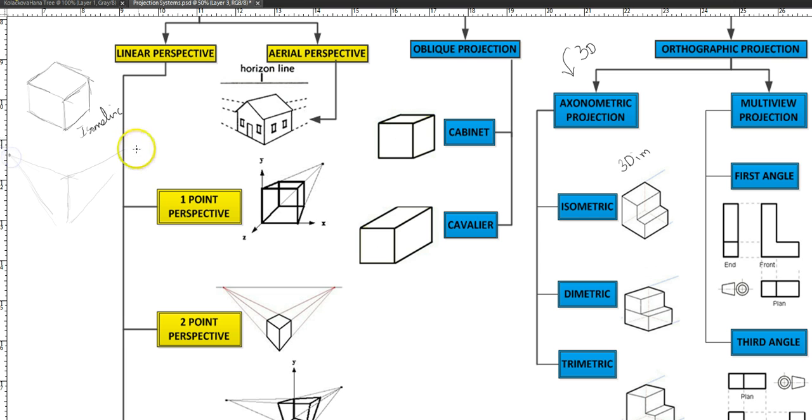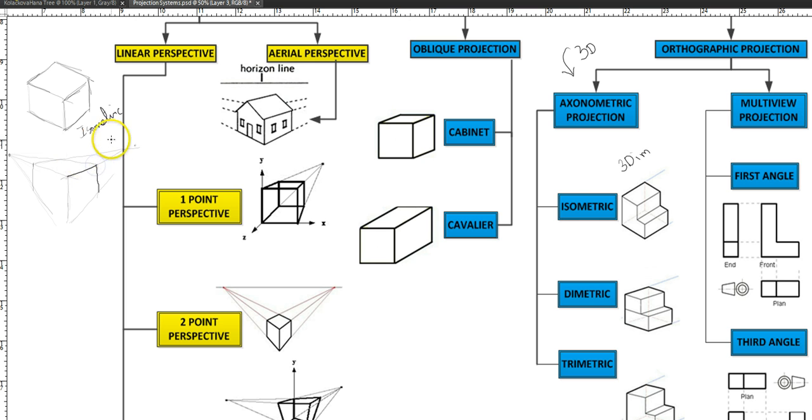Okay, so maybe one point is here, one point is here. Again, this is merging on that point. This is merging on this point. So you see how the cube looks?